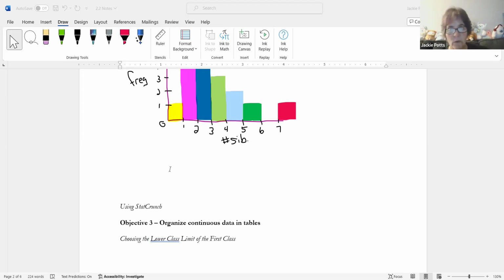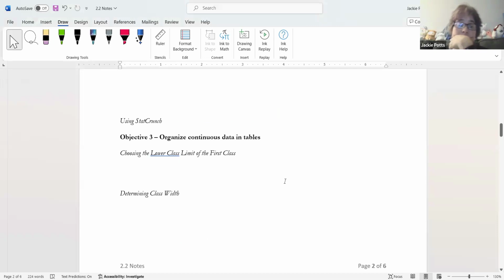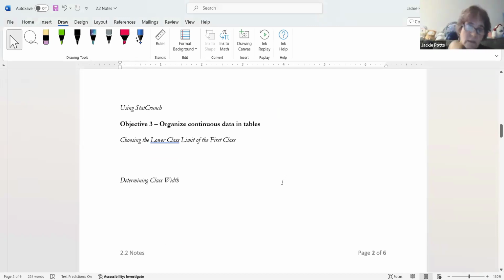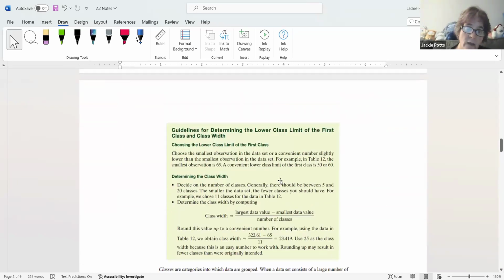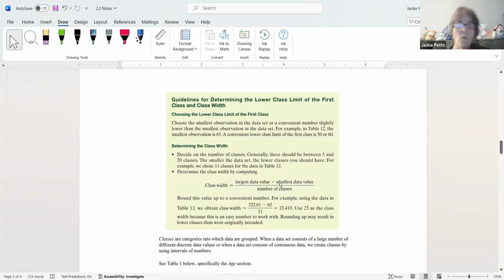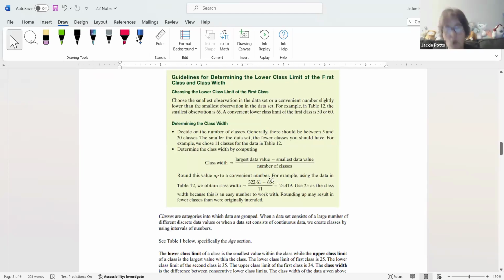It's because of class widths. First thing you have to do is choose a class width, and how to determine them. Well, to determine a class width, it starts with finding the range.